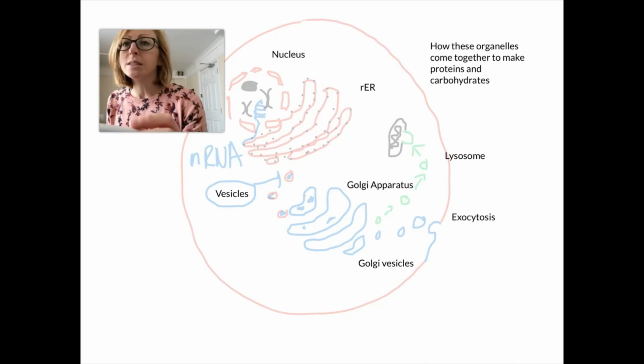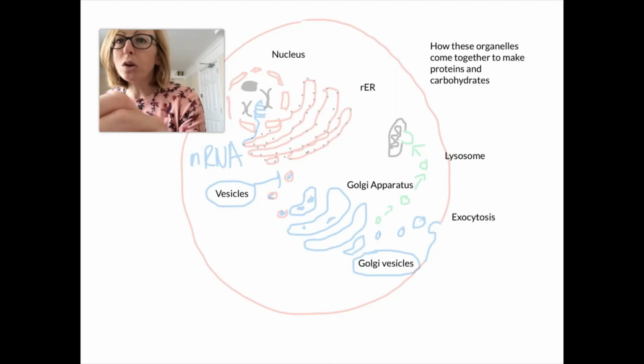components are added to it, and then down here it's leaving the Golgi apparatus as a Golgi vesicle, at which point the vesicle could fuse with the cell membrane to release any substance it contains by the active process of exocytosis. Or the vesicle could stay inside the cell.